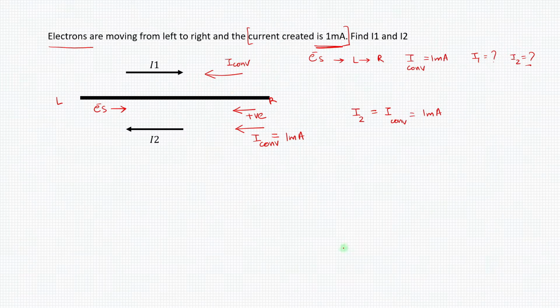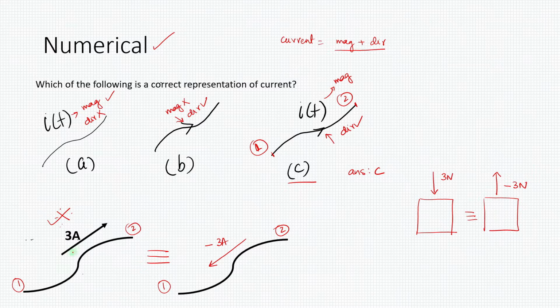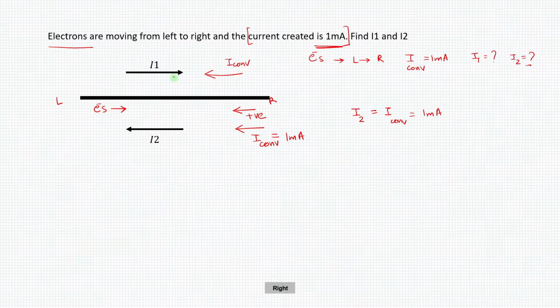And you remember this concept which I told you: this and this are equivalent. With the same concept, I1 will be equal to minus I conventional, because they are in the opposite direction, and this will be minus 1 milliampere. So I2 will be equal to plus 1 milliampere. I1 will be equal to minus 1 milliampere.